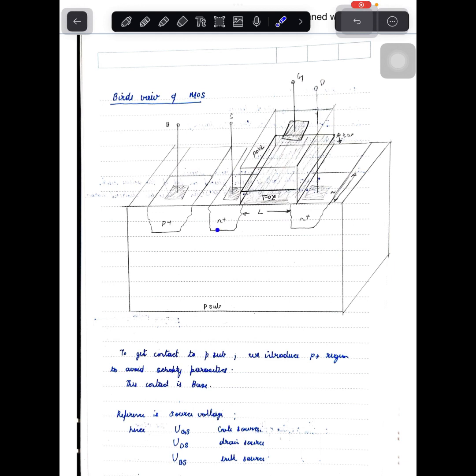N plus here indicates highly doped N-type silicon. Now the P substrate is called the bulk, and the bulk also needs a contact. We cannot directly connect the bulk, that is the P substrate, to the metal, because it forms a Schottky diode. Hence we put a P plus region and then connect a metal contact to avoid the Schottky diode, and this terminal is called the bulk.